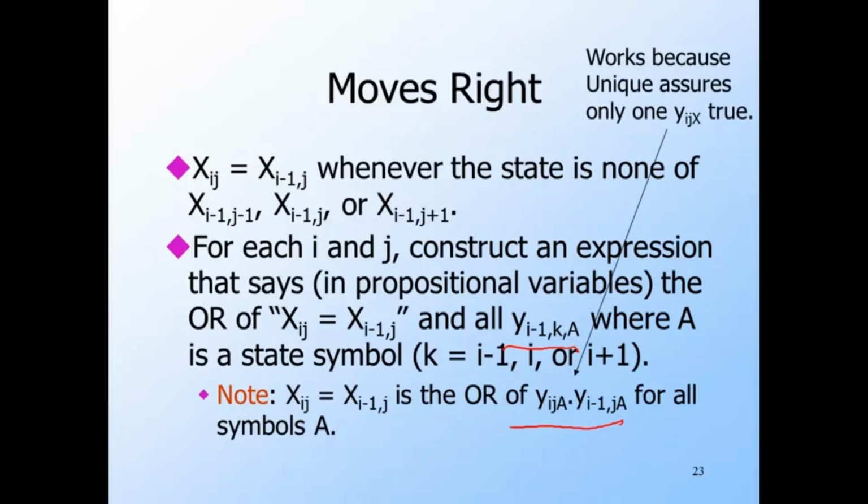The expressions we constructed for each ID i and position j will be part of moves right. Each says colloquially that the tape symbol can't change if the state isn't nearby. They will be ANDed together with expressions that enforce the correctness of the moves of M for the case when the state is nearby.